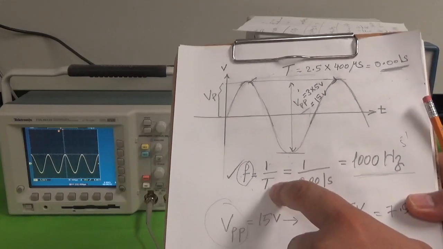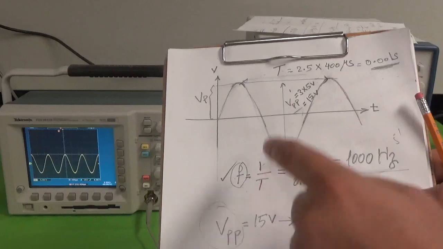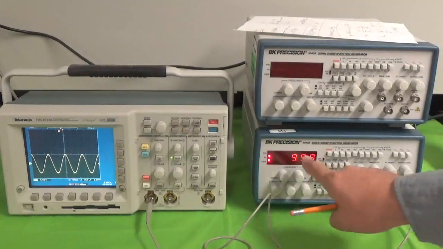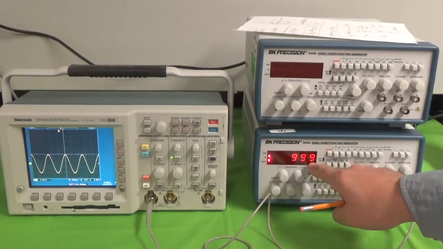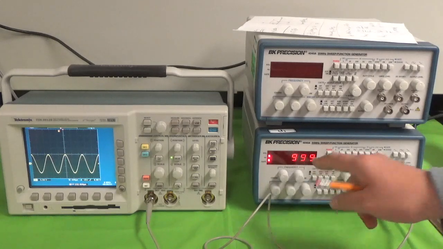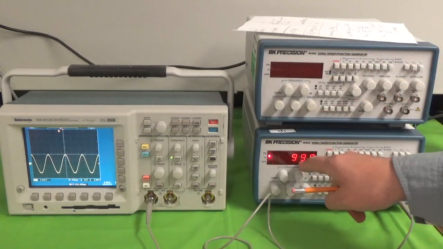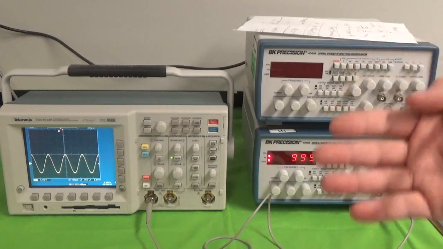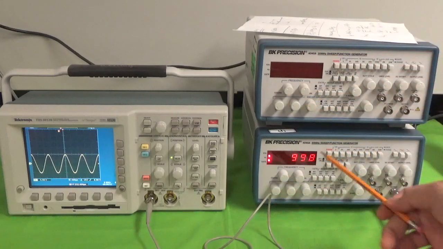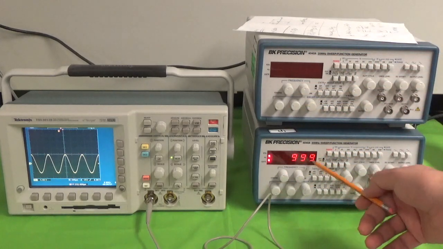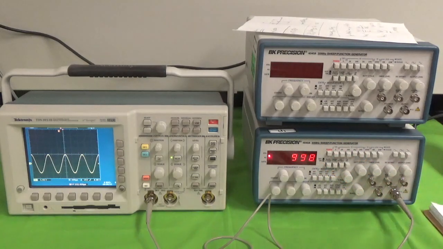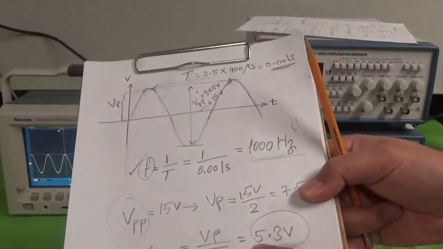We got the periodic time, and then took the reciprocal of the periodic time to get the frequency. So here we have 1000 hertz. And if you look here, you will find that we have 999, which is around 1000 hertz. So that's great. There is error, and that's possible, but no problem with that, since we have a close number.